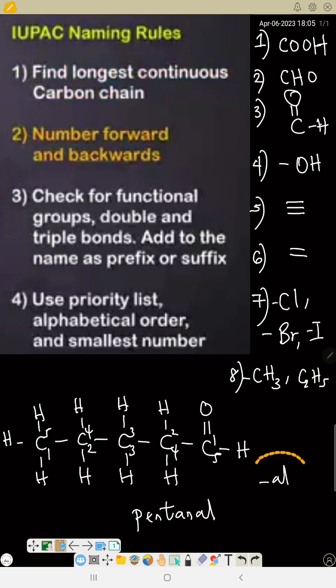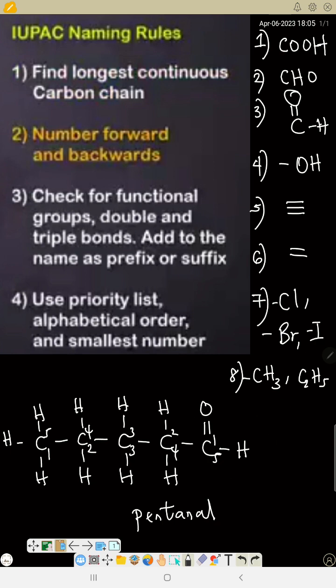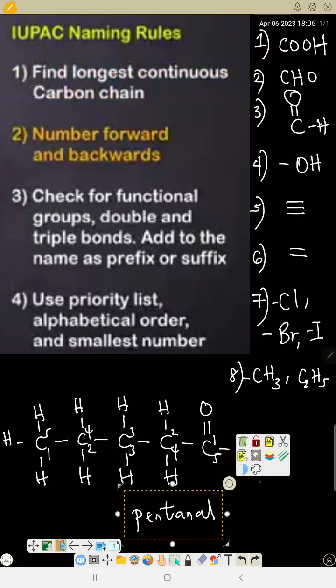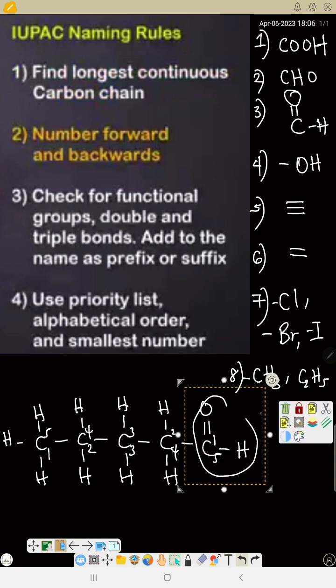So like that. Now I need to compare this with another one, so you will see something different here. This is pentanal because this is an alkanal group. Now look at this. Let me remove this.